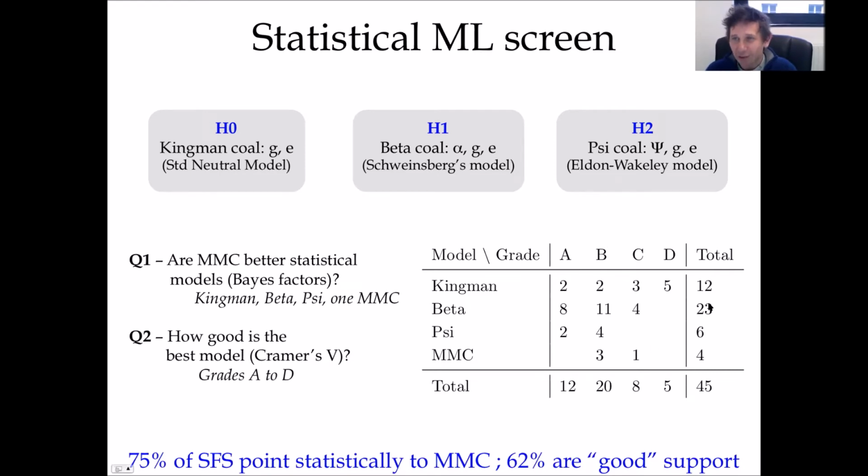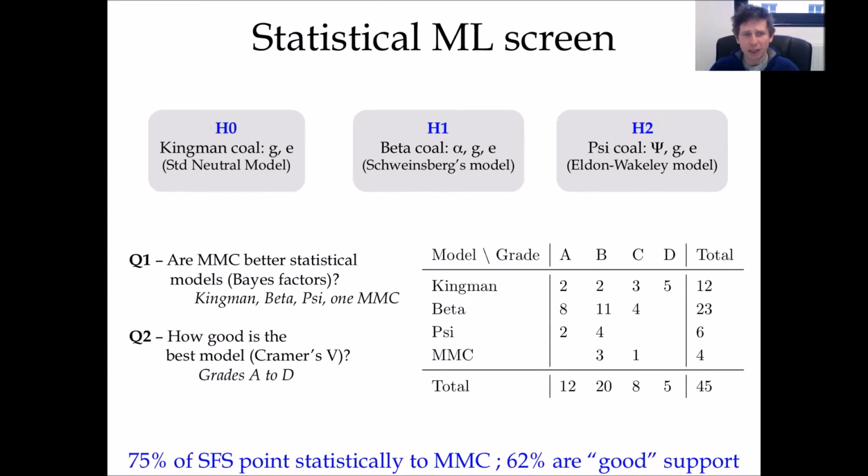But for 75% of the species, the support is in favor of either the beta or the psi, and this MMC line here is where we cannot decide whether H1 or H2 is better than H0. I mean, they're better, but we don't know which one is better. So 75% of the site frequency spectra point to a statistical support for an MMC kind of genealogy.